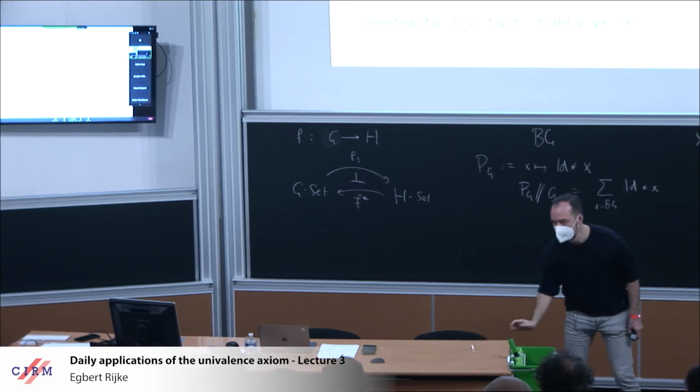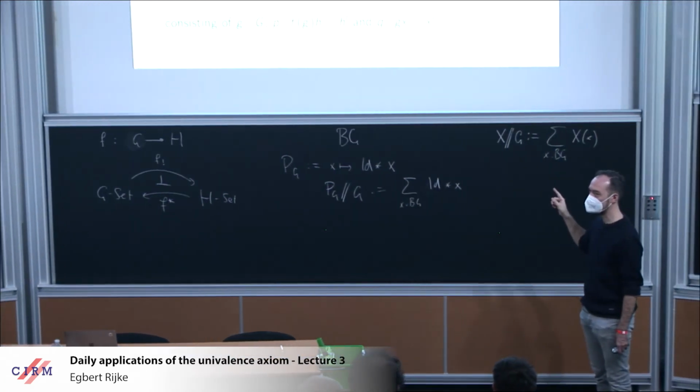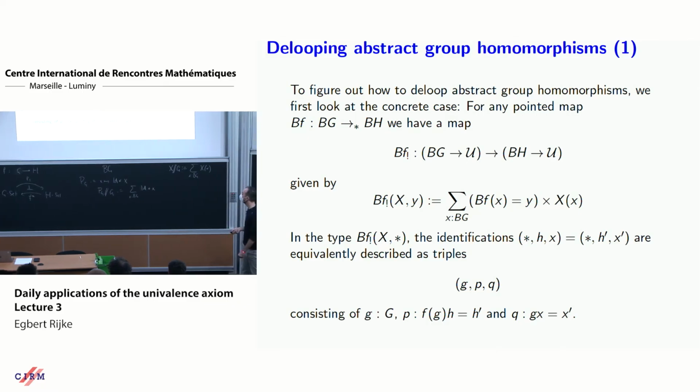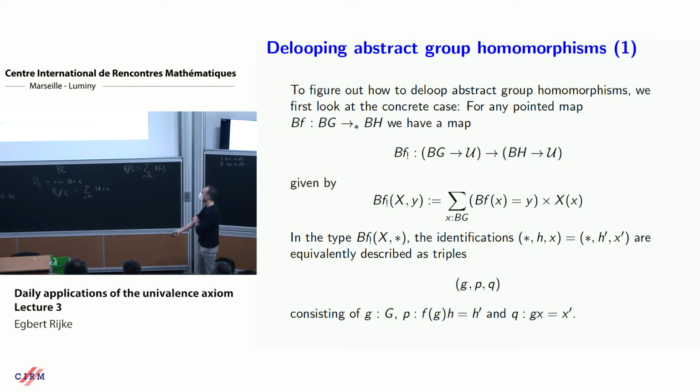We're still going to first look at the concrete case before we do the abstract case, because the abstract case is a little harder to see what's going on and why we make the definitions that we make. If you want to go in the wrong direction, so to say, in the direction of the left adjoint, there's basically only one thing you can do.